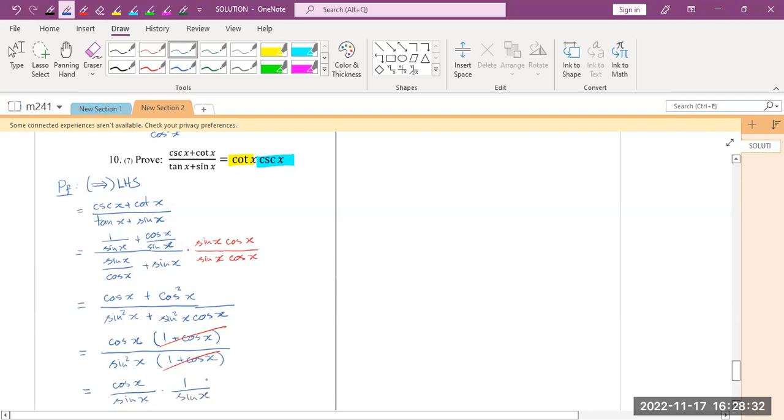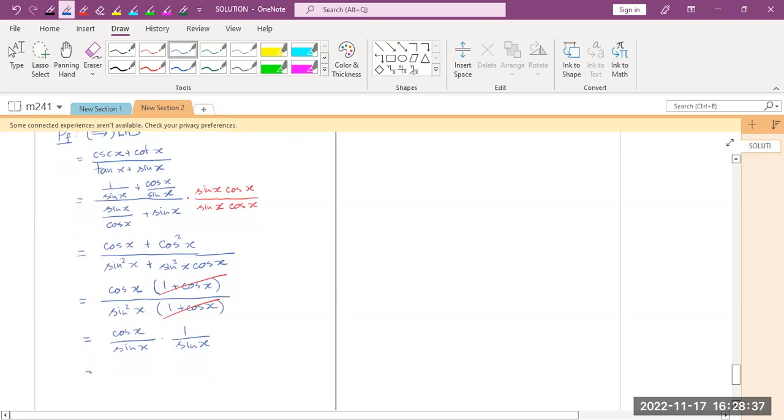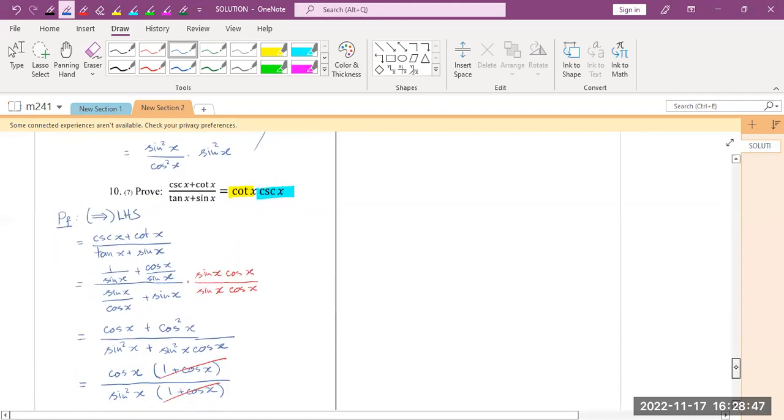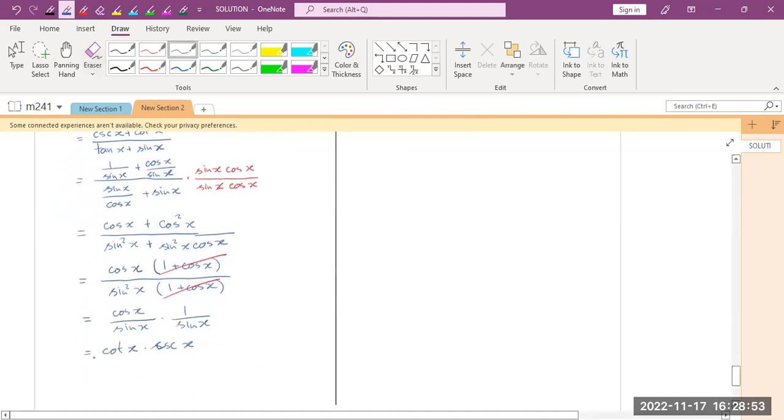That's how I rewrite that cosine x over sine square x, which will give us cotangent x in the first factor and then cosecant x in the second factor. That is what we have on the right hand side, right? You see that? This is our right hand side and a proof.